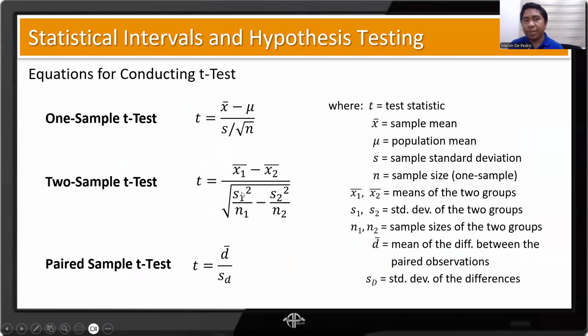All the items numbered one refer to the first sample or the first group, while all items numbered two refer to the second sample or the second group. But as you can see in the paired t-test, we just need the mean of the difference between the paired observations.